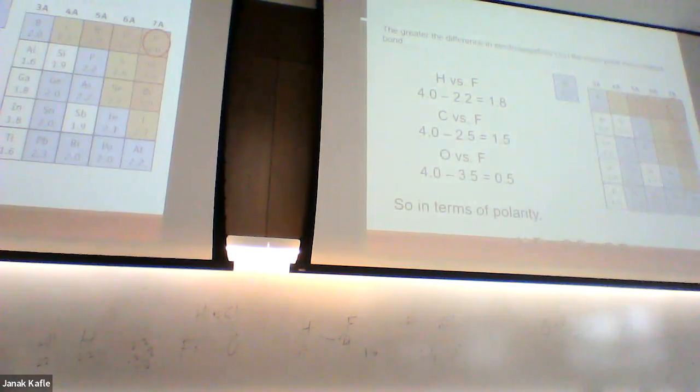Polar means in this one, there is a lot of positive charge on hydrogen, a lot of negative charge on fluorine. But here, if you look at O and F, O has a small amount of positive charge, F has a small amount of negative charge. Charge is not separated here. Everybody got that? So polar means one guy has more plus charge, another guy has more minus charge.